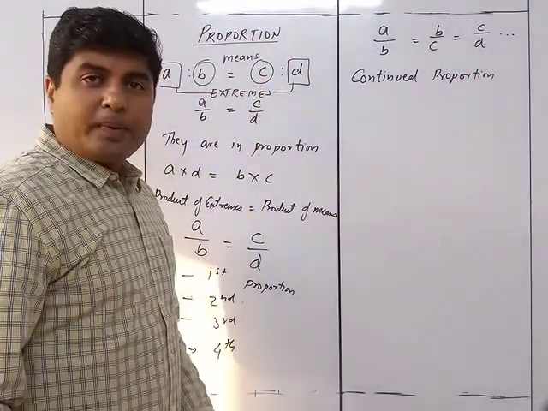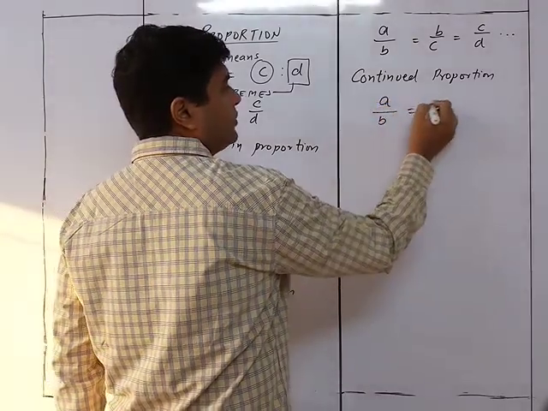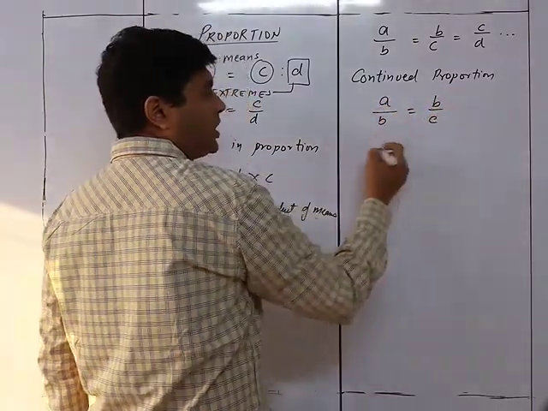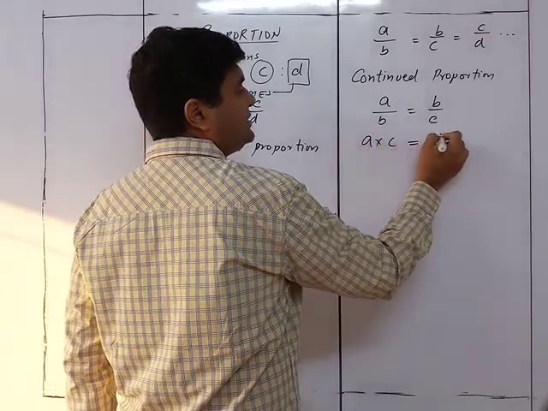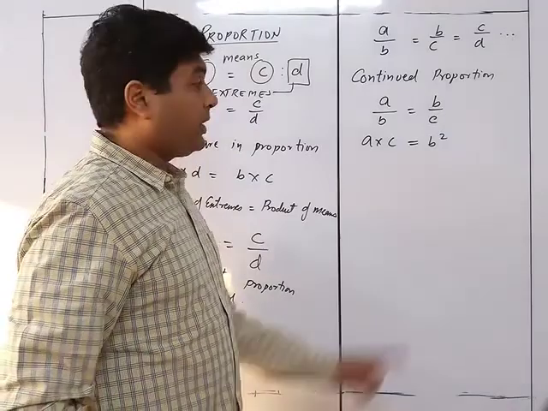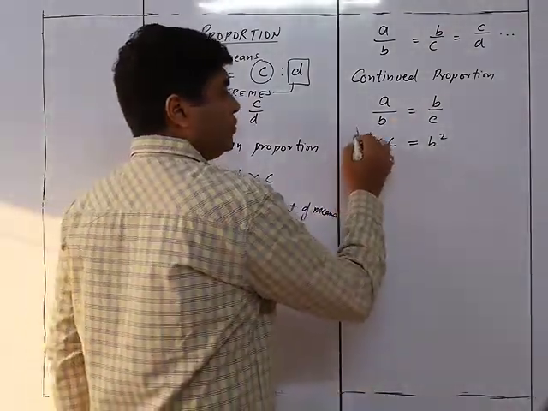So in a continued proportion, you will be having A upon B is equal to B upon C. Accordingly, it will be A into C is equal to B square, because of multiplication. So here, this is very, very important.